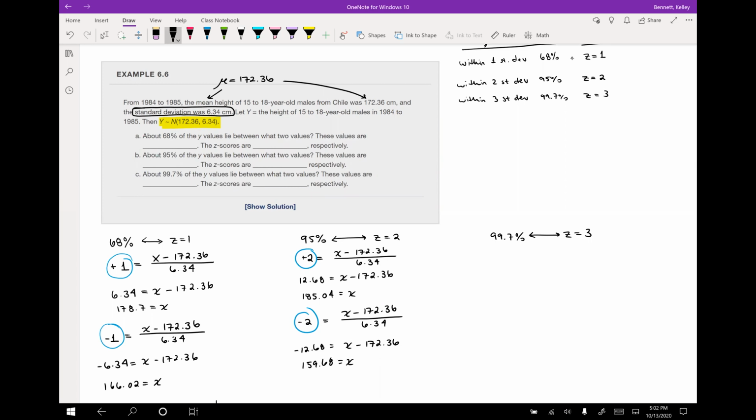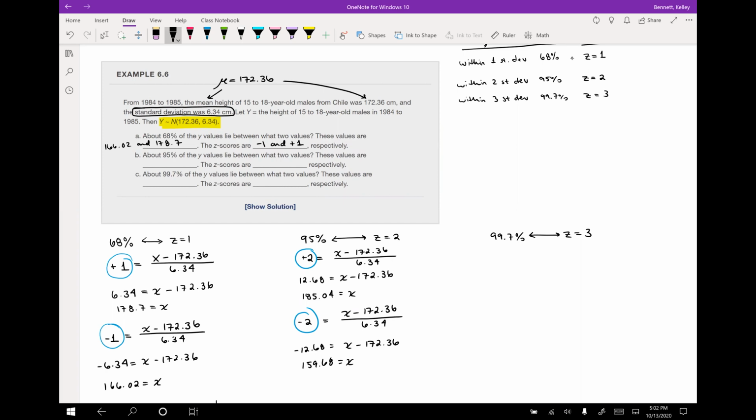So 68% of the y values lie, okay, whatever, y, x, who cares, lie between 166.02 and 178.7. Their z-scores are -1 and +1 respectively.